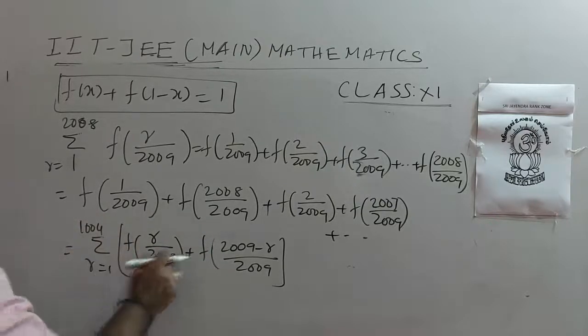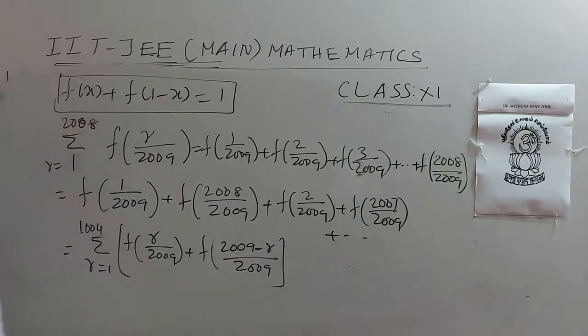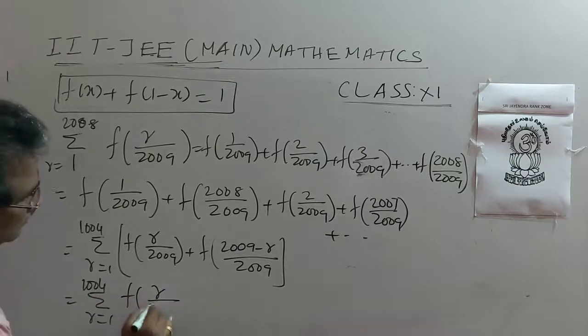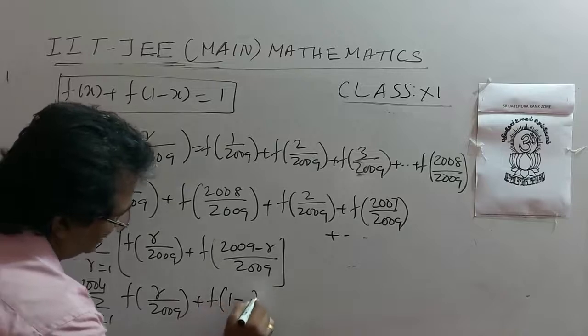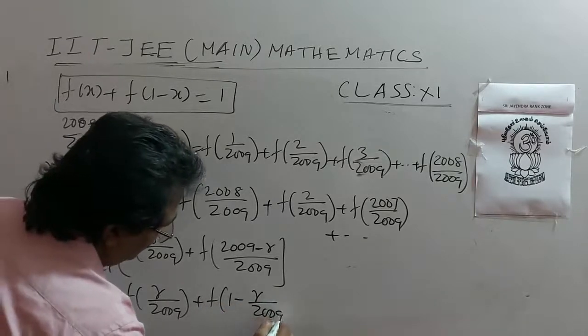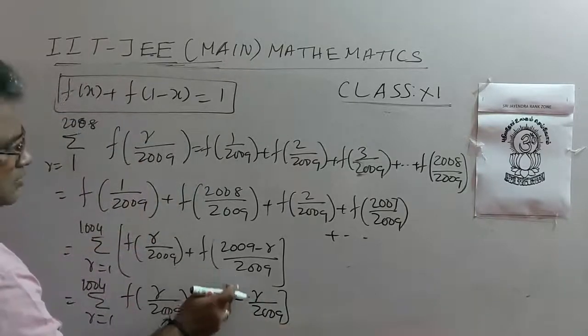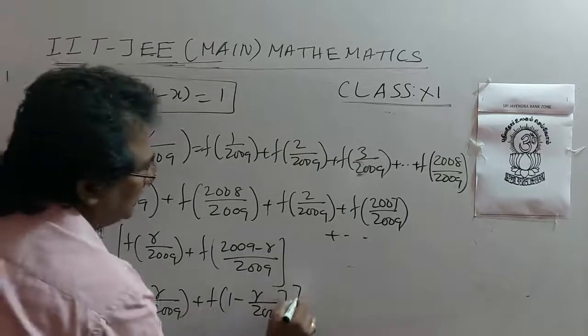If you take r equal to 2, you will get the next two terms, like that.